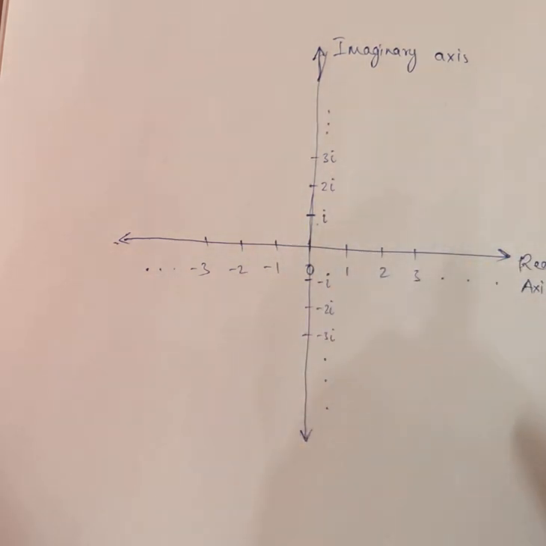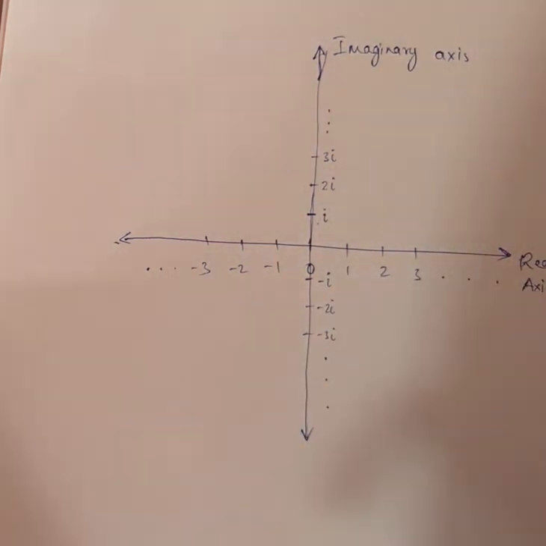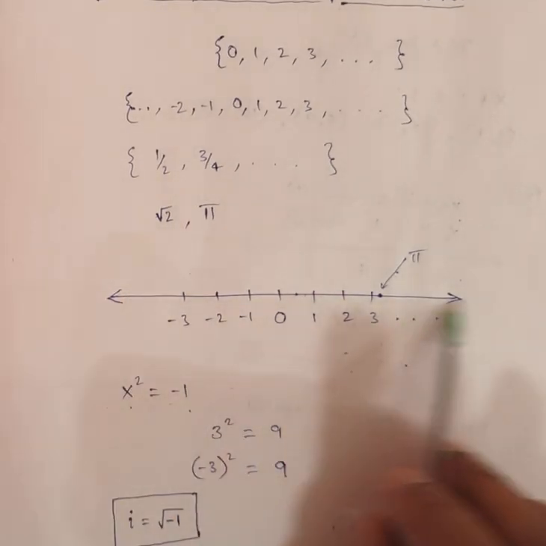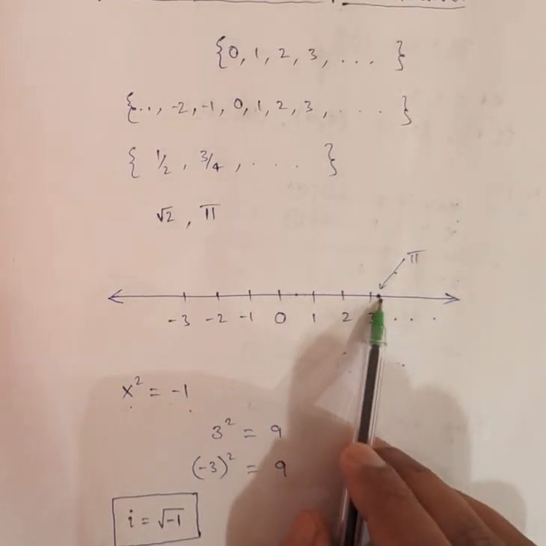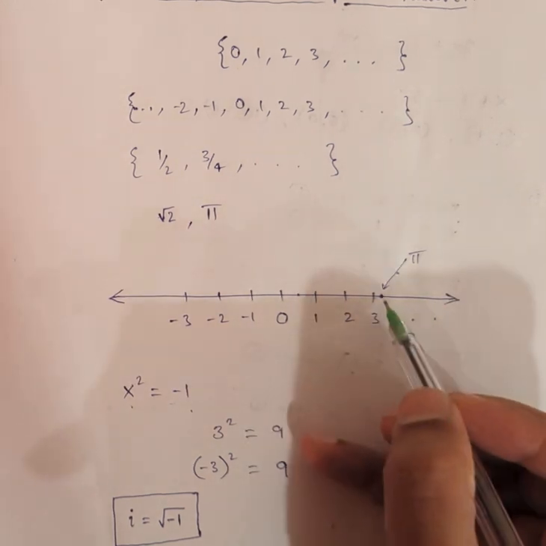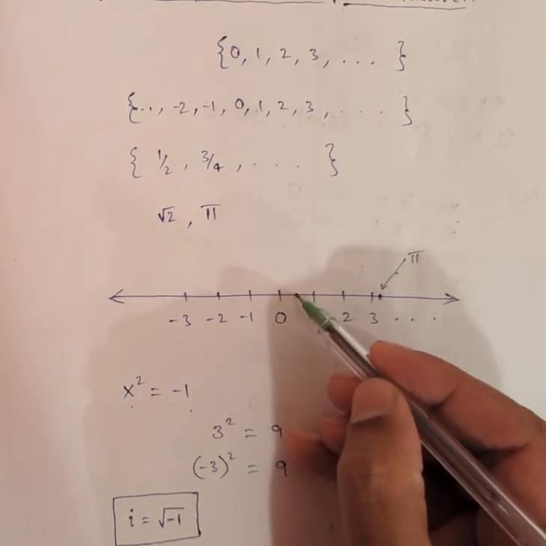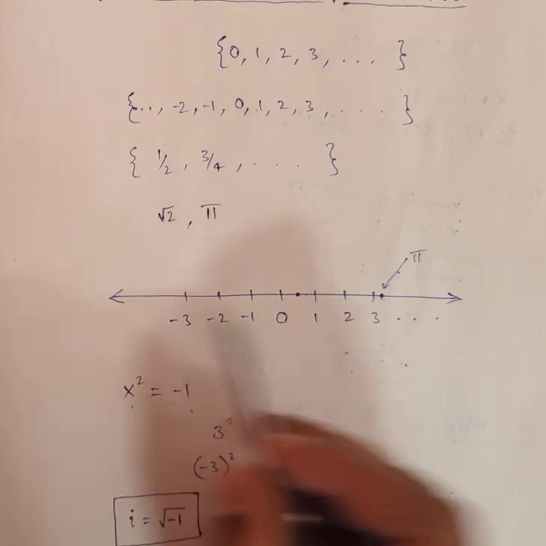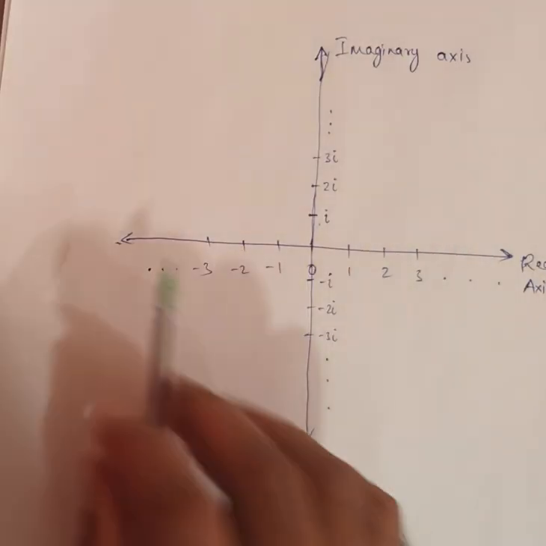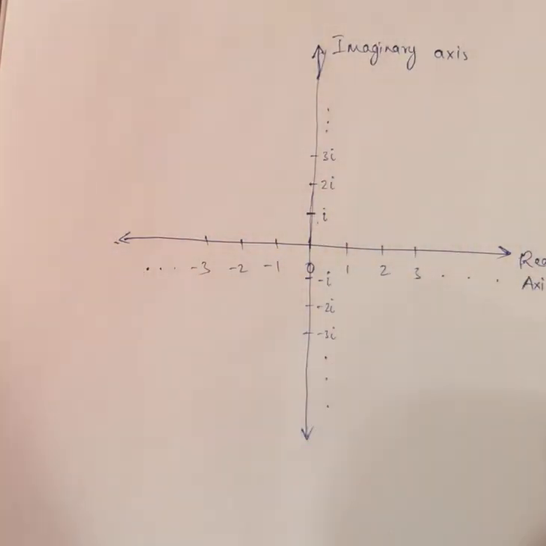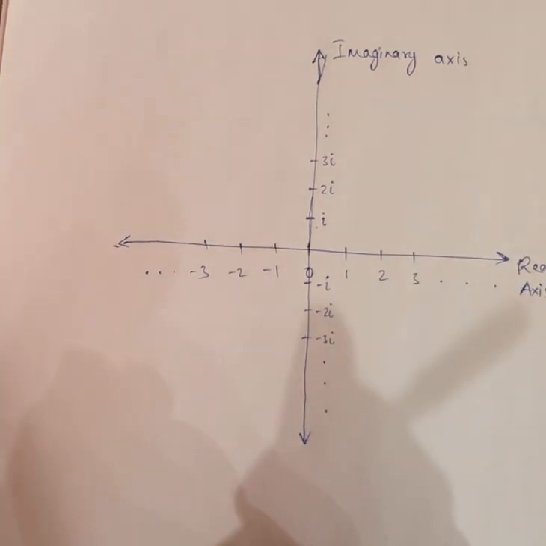Now earlier we said every point on this number line represents a number. So this point represents pi. This point represents half. Now every point on this plane represents a complex number.